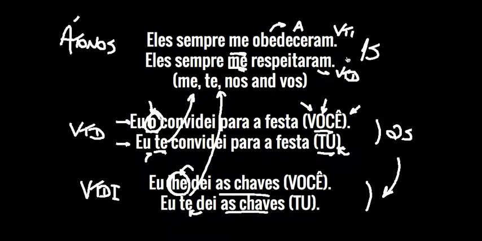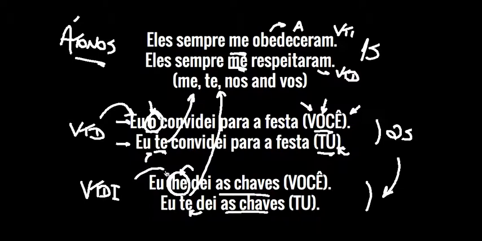Here with our first person and second person. Alright? Just to complete our study of the atonos pronouns. Here we have in both direct and indirect objects the same form. On the other hand, when we have, for example, the third person pronoun, then if we have the direct object, we need to use o.